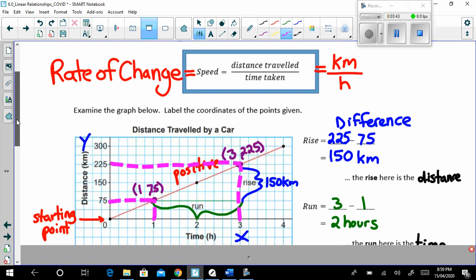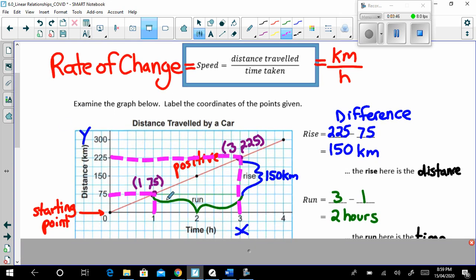For the run, we are going to run sideways, and my arms are mimicking a run. From this point to this point, we're just going horizontally. The run is the difference between 3 hours and 1 hour, which is 2 hours.